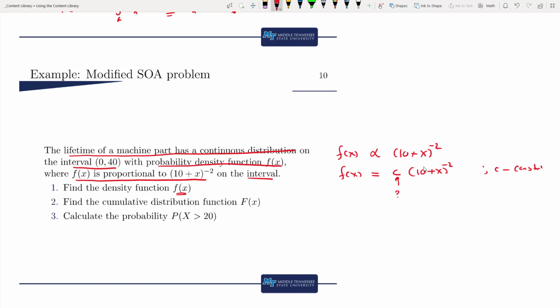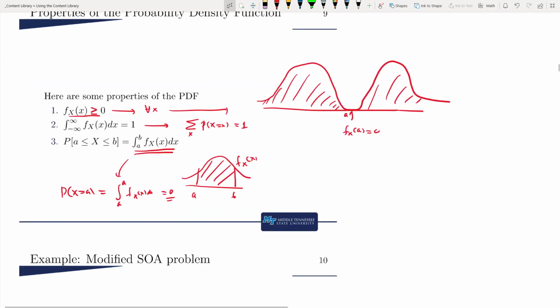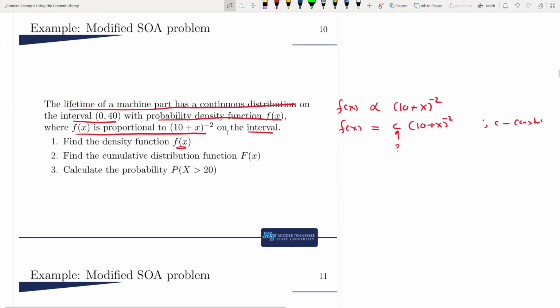We have to use the properties we learned. One of the properties of a density function is that when you integrate from negative infinity to infinity, the total probability is 1. So if I integrate this function from negative infinity to positive infinity, it should give me 1. Since the interval is limited to 0 to 40, if I integrate c times (10 plus x) to the power negative 2 dx, I should get 1.